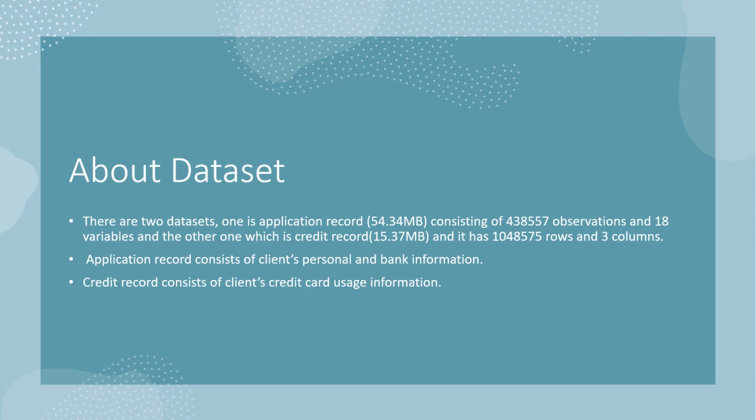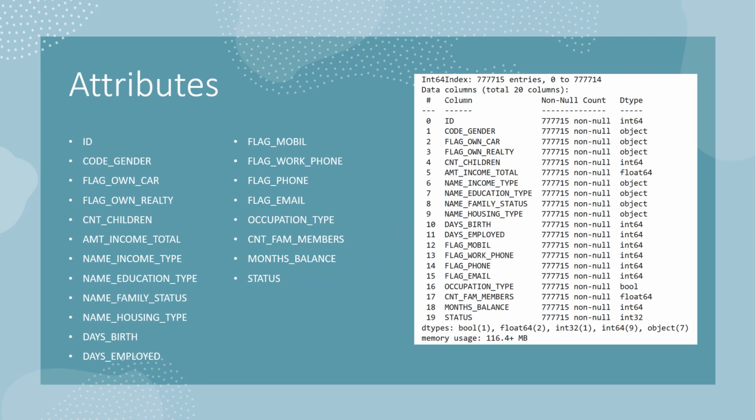The common column is client ID, which connects both the files. The application record consists of the client's personal and bank information, and the credit record consists of the client's credit card usage information, and I'll be explaining the attributes in this project.